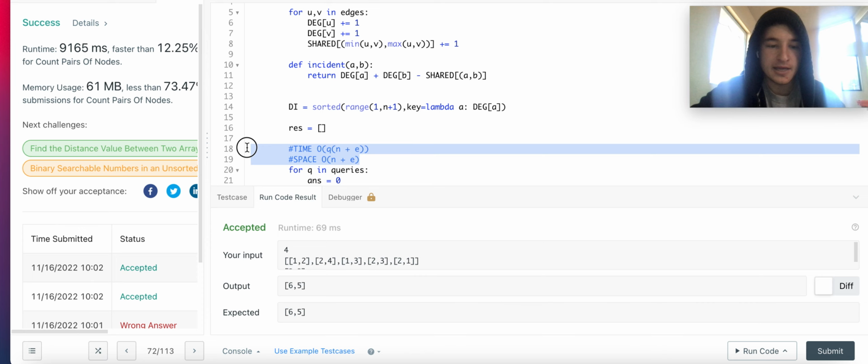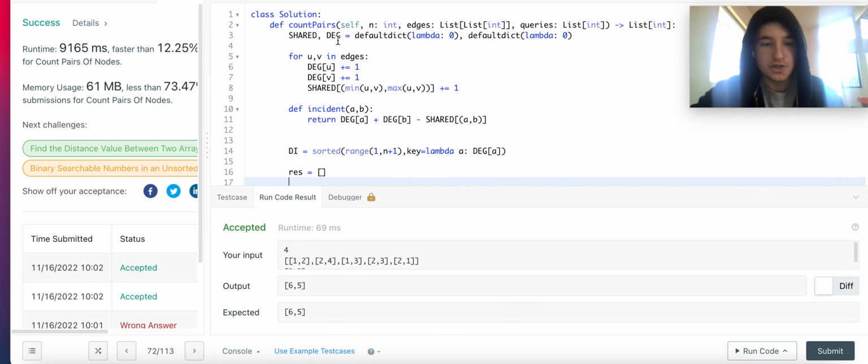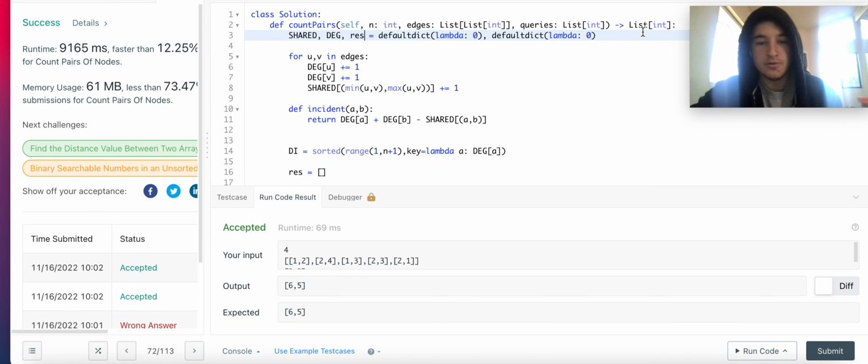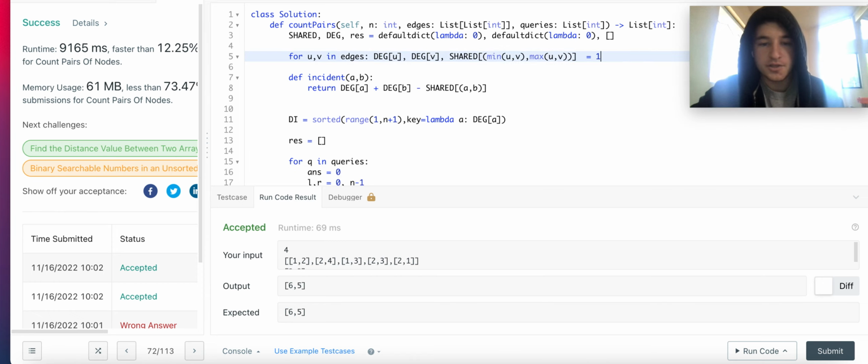I'm going to quickly make this shorter because this can be way shorter. But that's not really important. I'm just doing it because I like to have fun short solutions. Right. Degree of U, degree of V. Shared of this. Everything just gets incremented by 1.